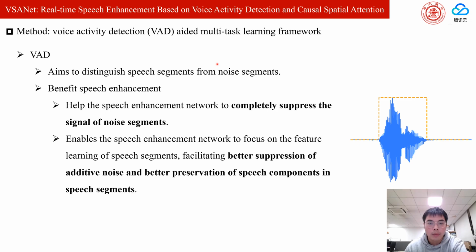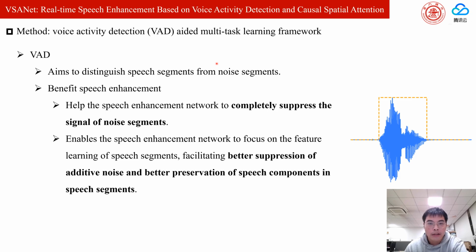Next, we adopted the voice activity detection-aided multitask learning framework. As an important front-end processing module, VAD aims to distinguish speech segments from noise segments. Therefore, we believe that VAD can benefit speech enhancement.